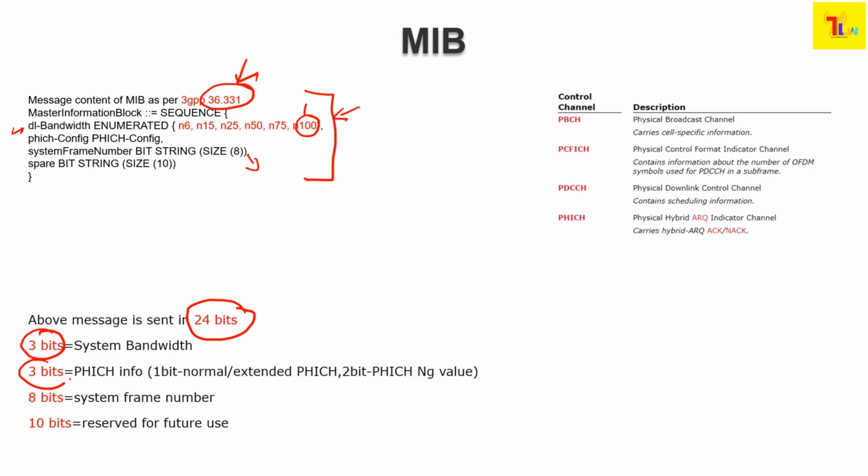PHICH will be carrying 3 bit of information, in which 1 bit will be the normal or extended PHICH, and 2 bit will be the PHICH Ng value. And your system frame number will be using 8 bit of information, and we will be left with 10 bit, and that 10 bit has been reserved for future use.